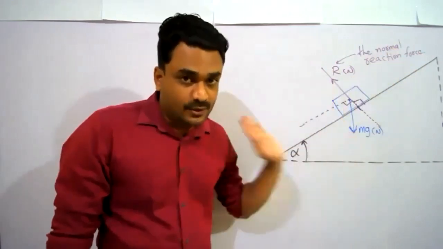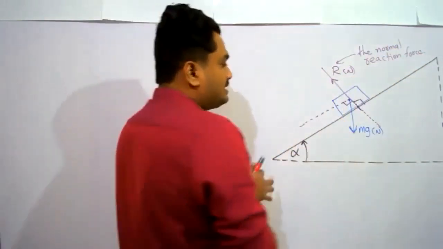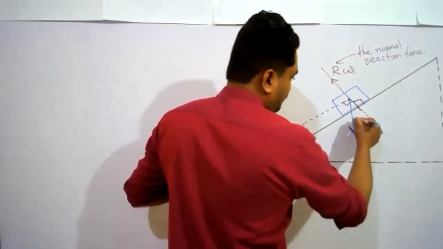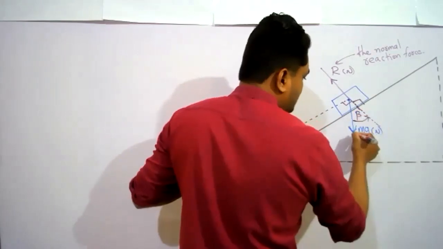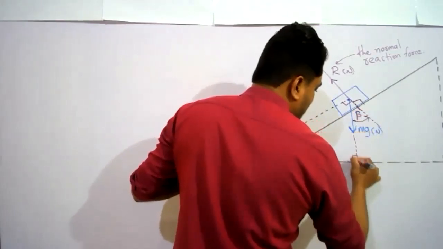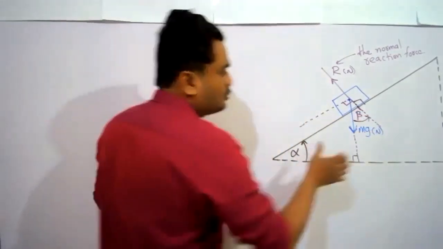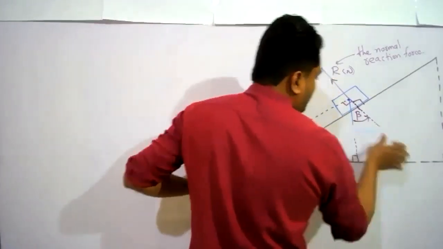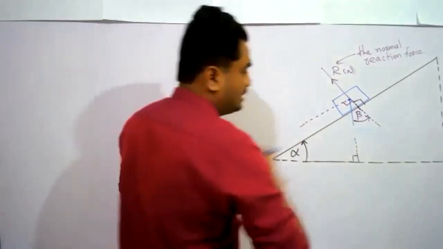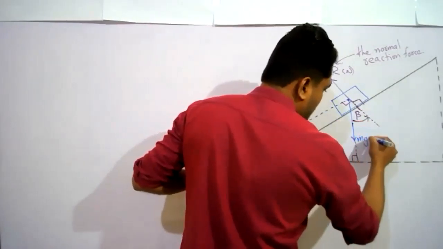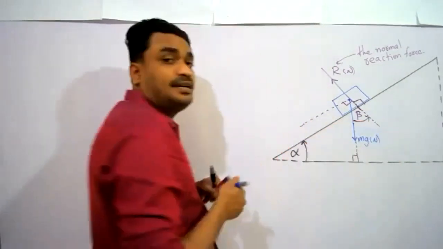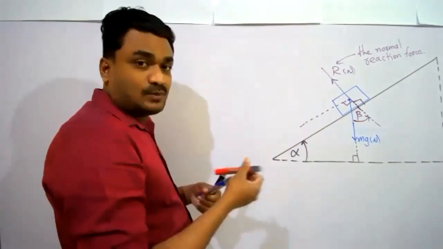Now let me mark this angle as beta, and let me mark this as 90 degrees. My final wish is to divide this mg force along two perpendicular directions. Right? That's what I want.